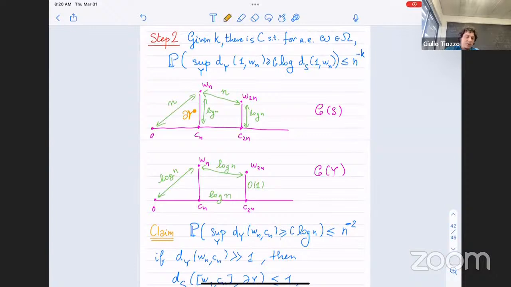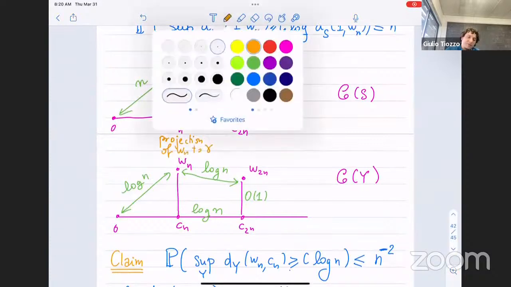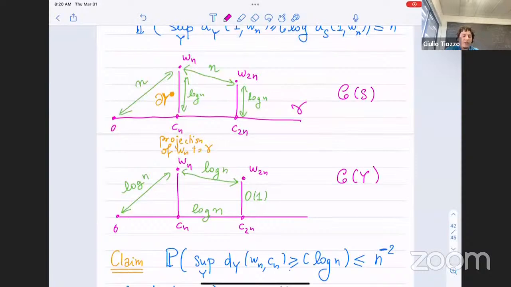So you could take the closest point projection in each of them. And so we call the projection of Wn to gamma, we call it Cn. However, in the mapping class group, we still need one property that follows from work of Behrstock and Rafi, where there exists a notion of projection.